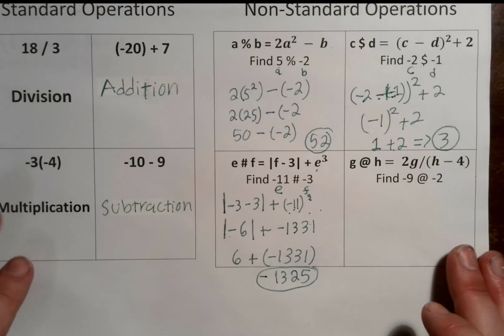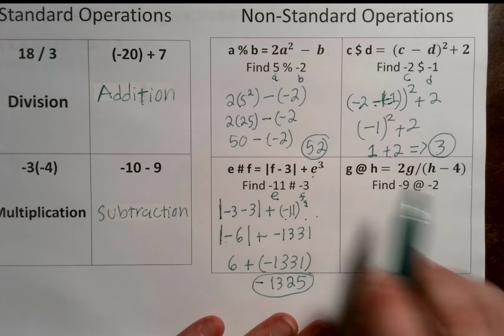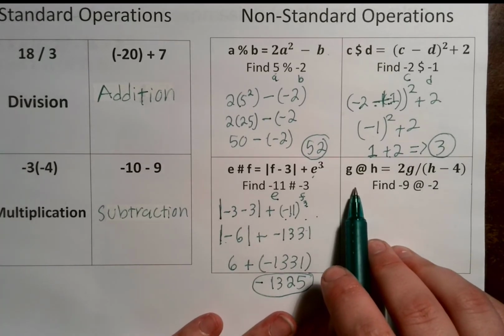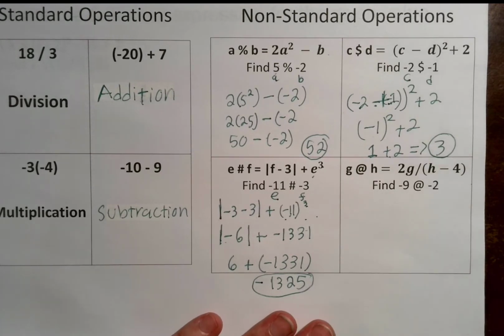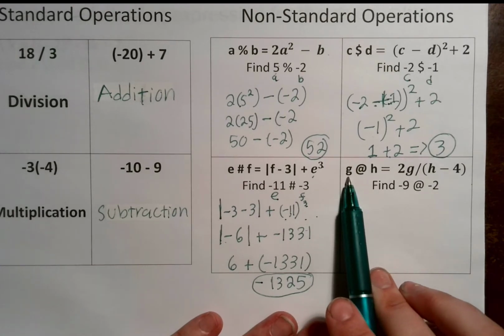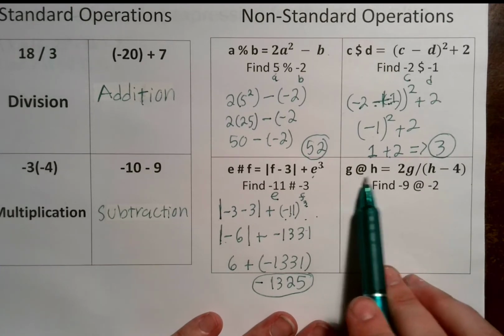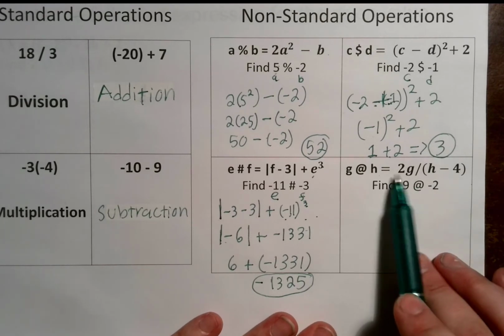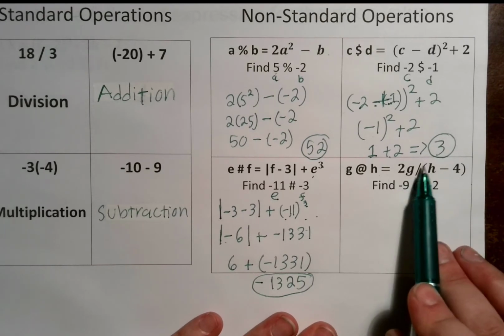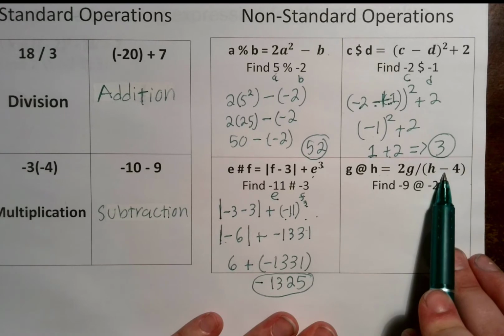Okay. So we're going to look at this last one over here. So G @ H is equal to 2 times G divided by H minus 4.